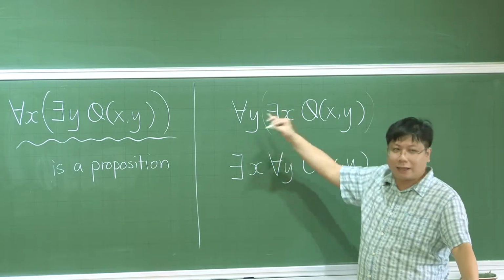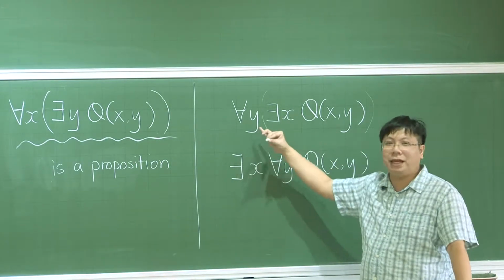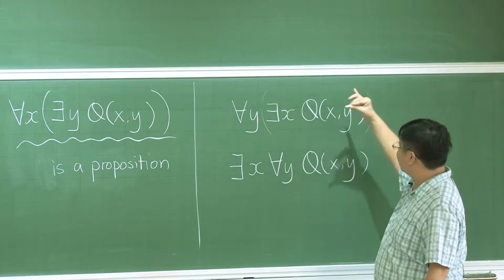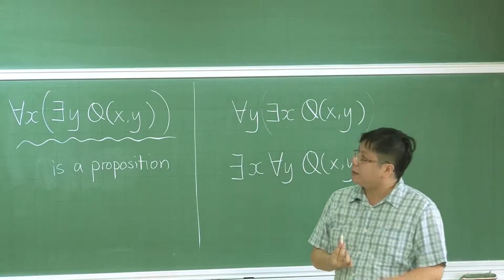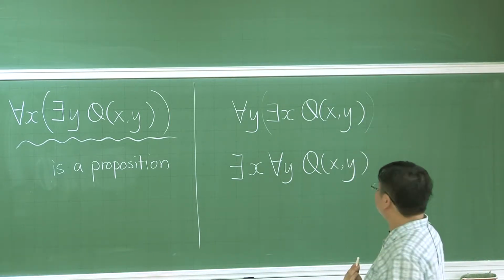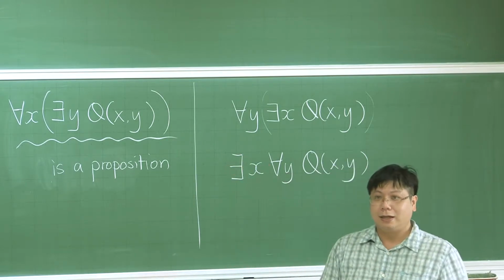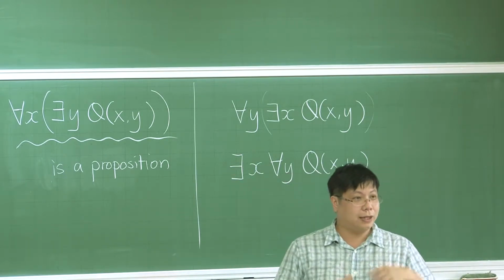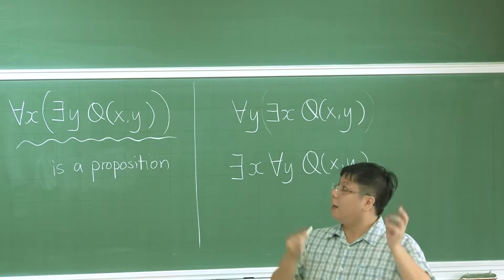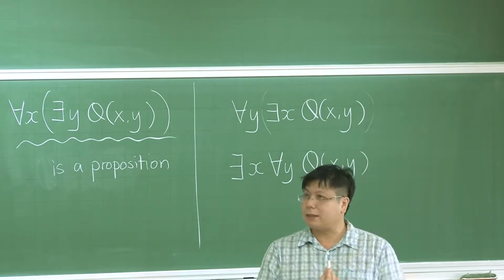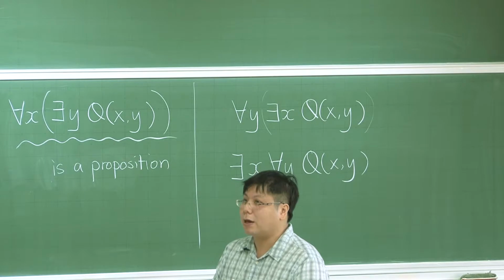But let's go back to look at what is the meaning of for all y there exists x Qxy. So it says that for every person y, there is some person, I call it x, such that x is the mother of y. Does that make sense? So everyone has a mother.